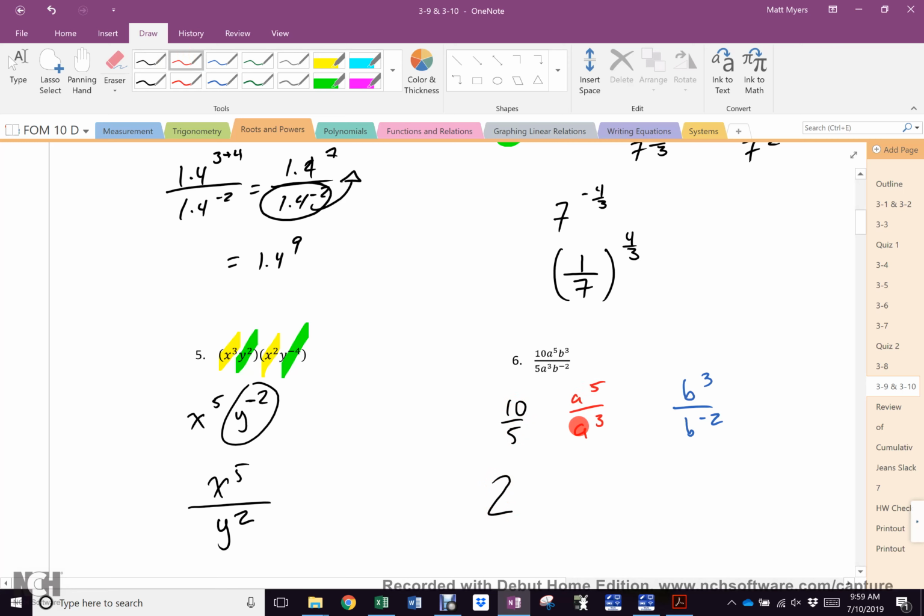What's this part of it? If there's 3 down there and there's 5 up there, how many of these 5s are disappearing? 3 of them. So it's a squared. What should happen to that negative 2? Where should he go? Up and become positive, right? So now I've got b to the 5th.